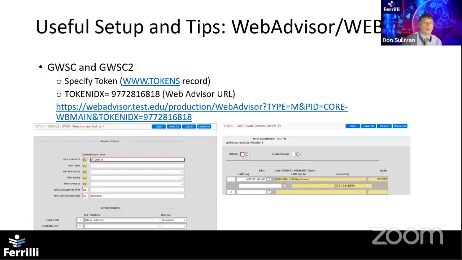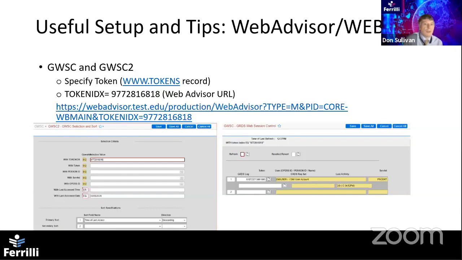What you need to do here is specify that token that you get in your URL in WebAdvisor or in your API. And you can see there that I put an example of a token ID that is in a WebAdvisor URL there.